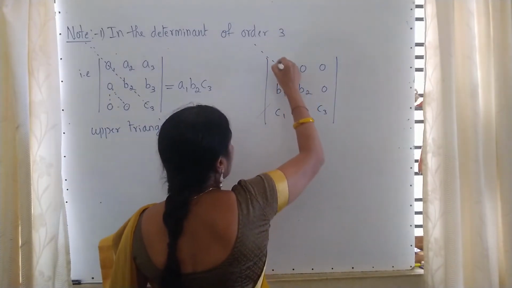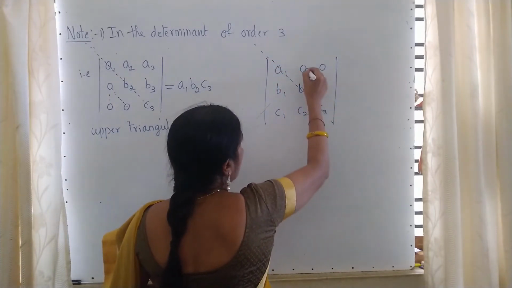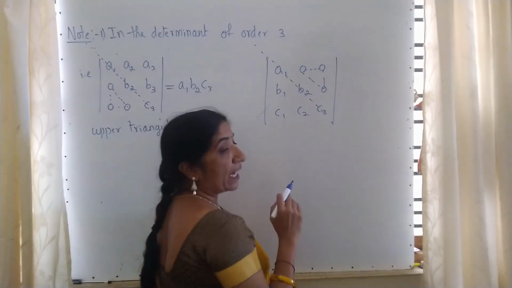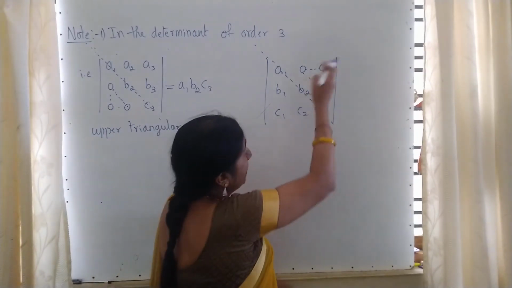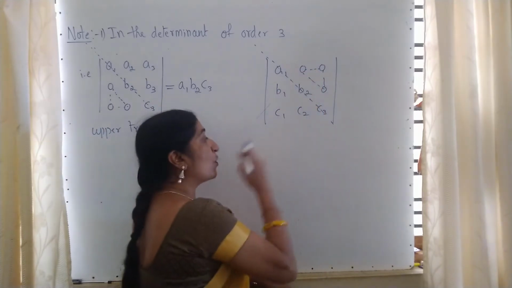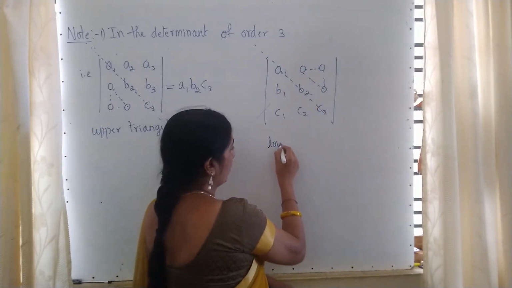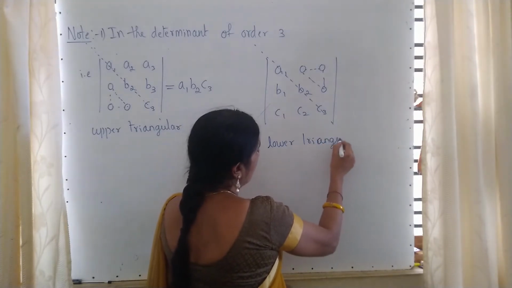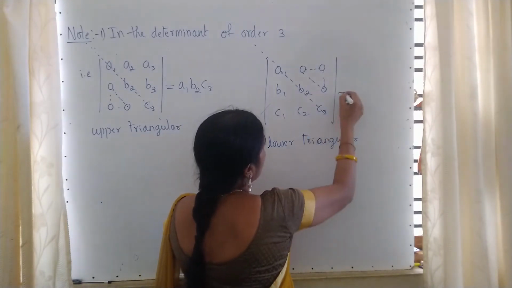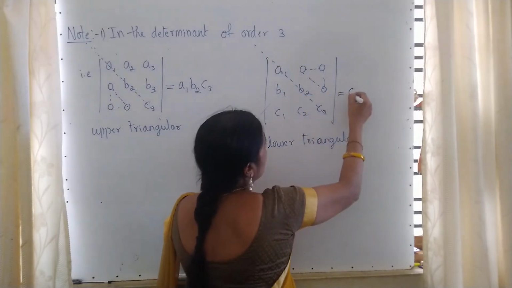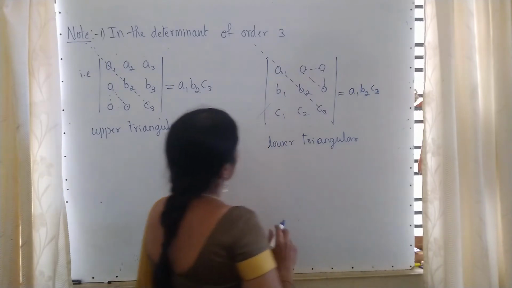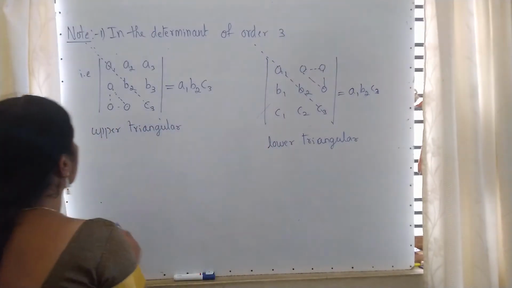Here also, if you join the elements with a pencil, they form a triangle, but the triangle is present on the upper side and the hypotenuse opens downwards, so it is lower triangular. In this type, again the value of the determinant is the product of the elements present in the principal diagonal. Note this down. This is very important for theory as well as CT.